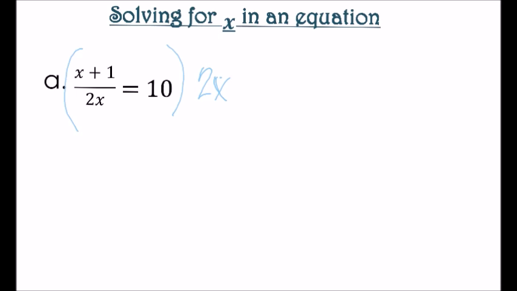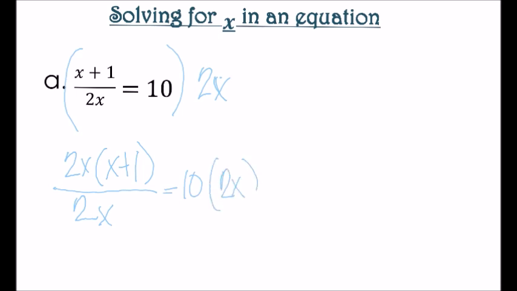And then we will have 2x times x plus 1 over 2x equals 10 times 2x. So we cancel 2x on this side of our equation. We will be left with x plus 1 equals 10 times 2x.